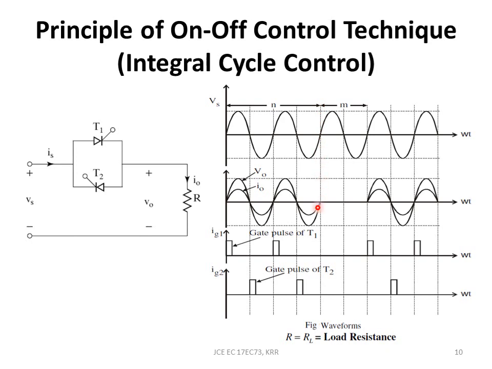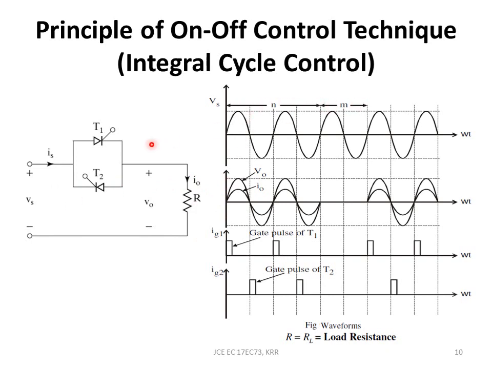If I make it on, both thyristors T1 and T2 will conduct, T1 during positive, T2 during negative, and they carry the current I0 in the positive and negative directions. The load will be getting the supply of both cycles for the whole n duration. Whatever is at the input till here, it will be getting at the output. So the load is connected to the input during the n period.